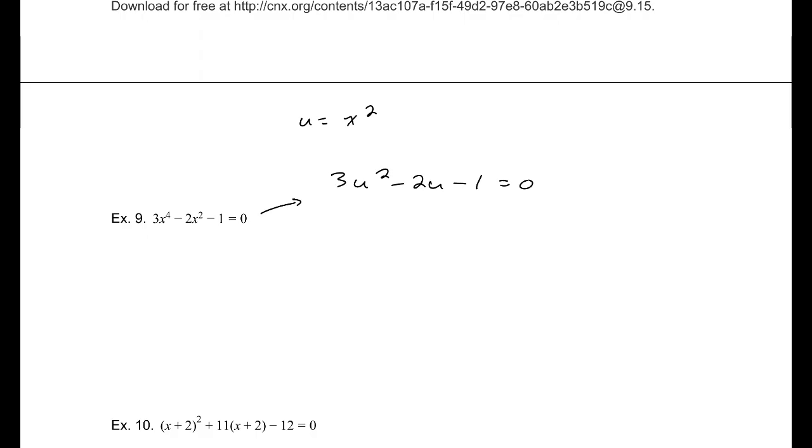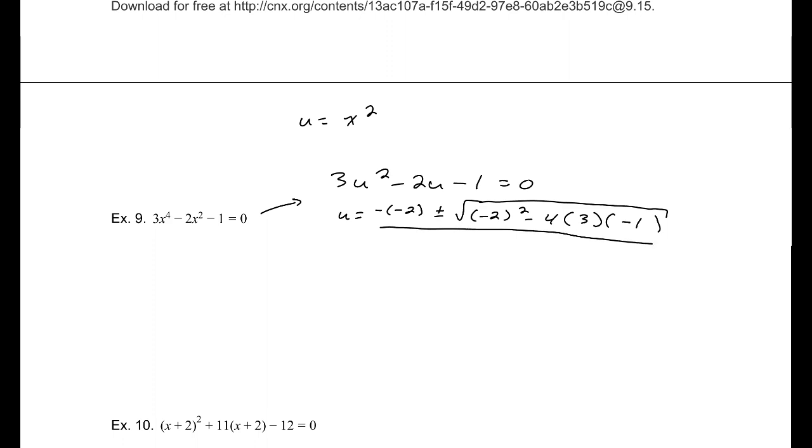I'm going to go ahead and just use the quadratic formula for this. So this would be u equals negative b plus or minus the square root of b squared minus 4ac, all divided by 2a. So that is 2 plus or minus the square root of something over 6.